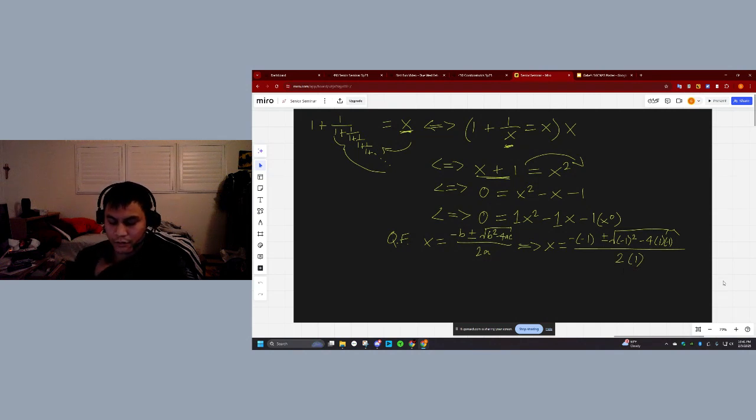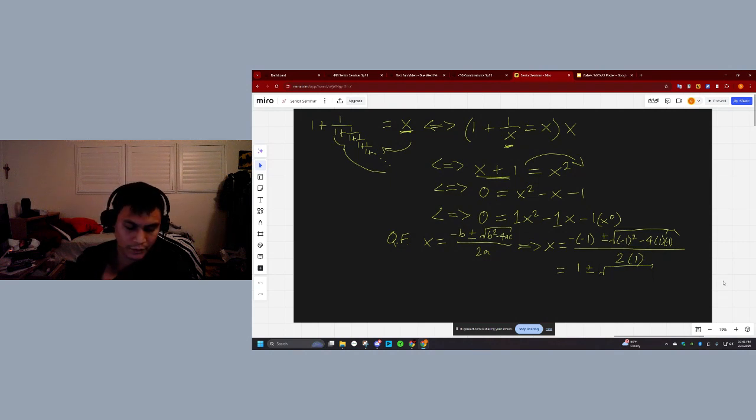Okay, now we're going to simplify everything so that this is a positive 1 plus or minus the square root of 1 squared minus 4. So the negative here and the negative here cancel.